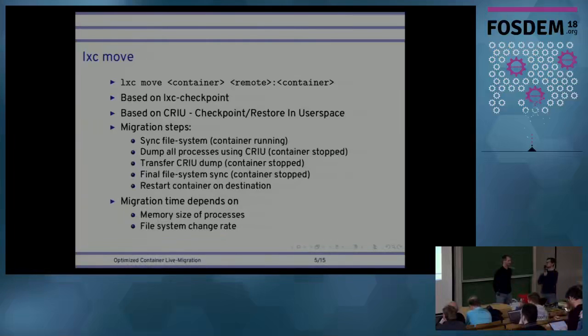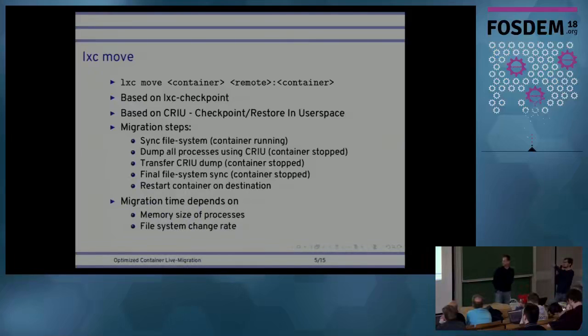The migration steps for a container that you move with lxc move are: you sync the file system while the container is running. You dump all the processes using CRIU, which stops the container, and this is crucial. Then you transfer all of the volatile state, everything you dumped to disk with CRIU, and then you do a final file system sync, and then you restart the container on the destination, restoring all its volatile state using CRIU again.